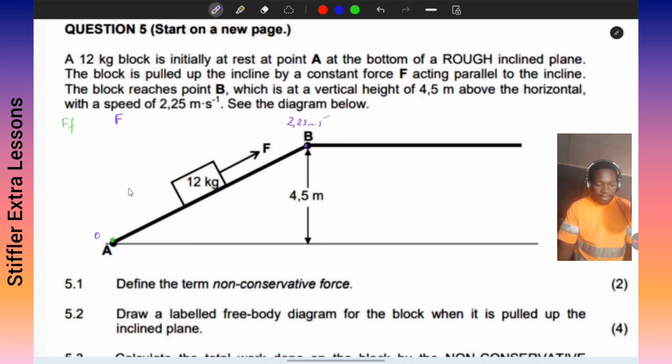The first question says, define the term non-conservative force. So what is a non-conservative force?